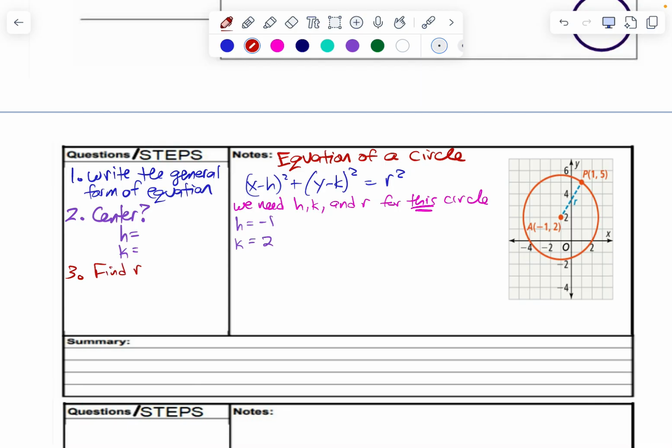Can we just count boxes? We can if it's either left or right or up or down. That would be fine. Here's what I mean.